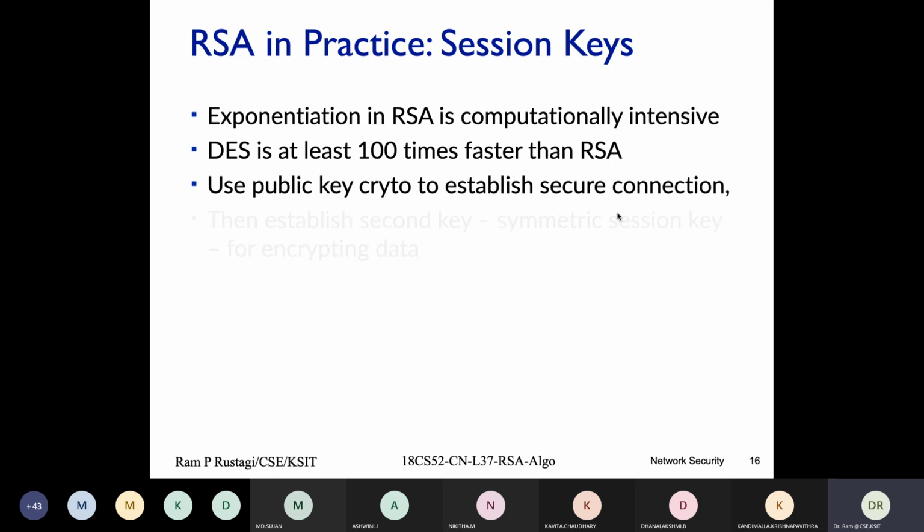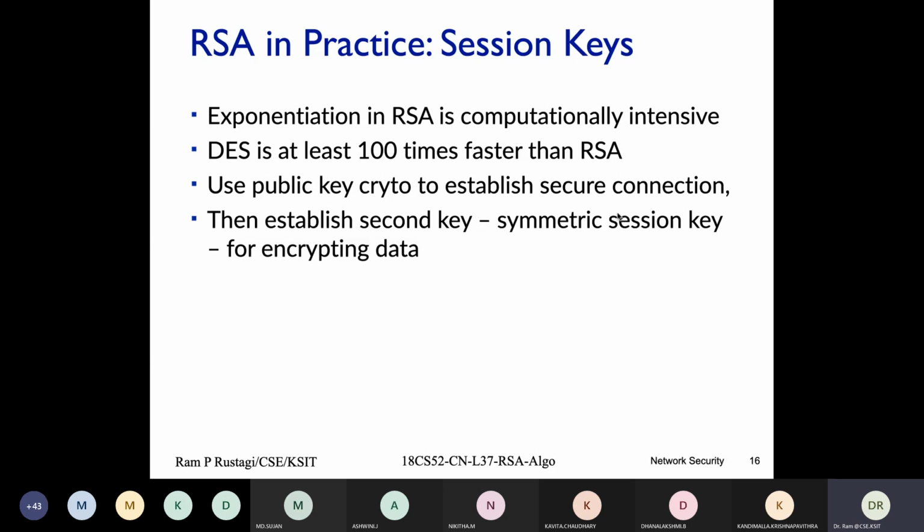So if you were to encrypt the actual message using the RSA algorithm, it is going to take too much compute power, and in daily communication we don't want to spend too much compute power. So typically the RSA algorithm is not used to encrypt messages.